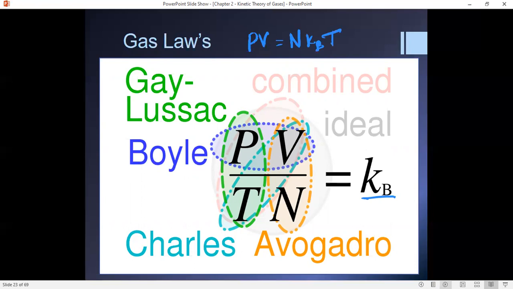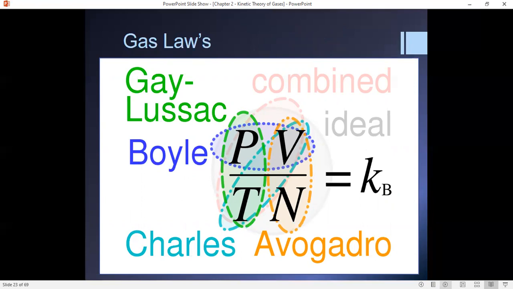First of all, we have Boyle's law. PV is going to be constant if temperature and the number of molecules are constant, and the Boltzmann constant, of course, is a constant. PV will be constant, and that will be Boyle's law. Boyle's law works for constant temperature and constant number of molecules.